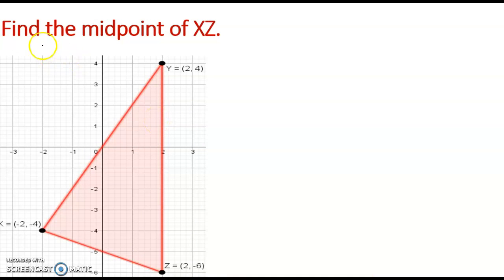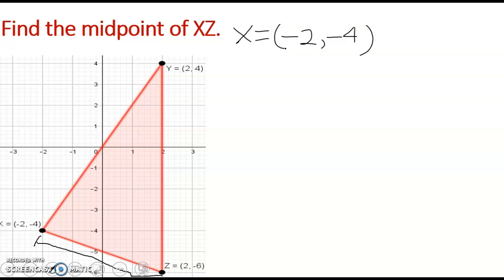So let's solve a problem. Find the midpoint of XZ. XZ is over here. So we are looking for the midpoint of this segment. X is -2, -4. Now let's label this x1, y1.